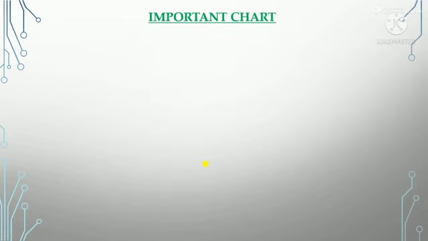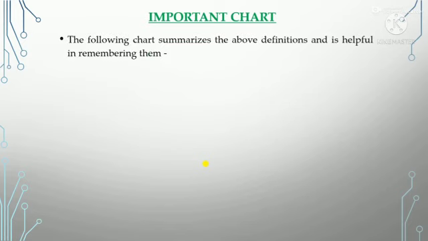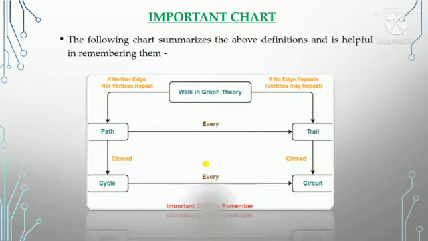Now you have to remember all these definitions in the form of a chart. In this chart, you can see that first of all we have the walk. What is a walk?